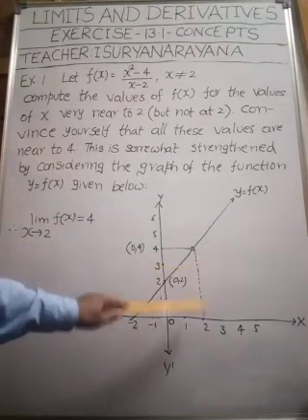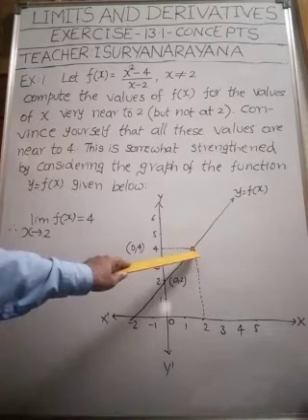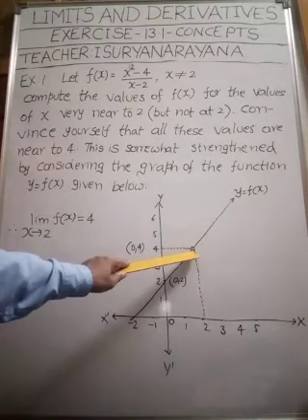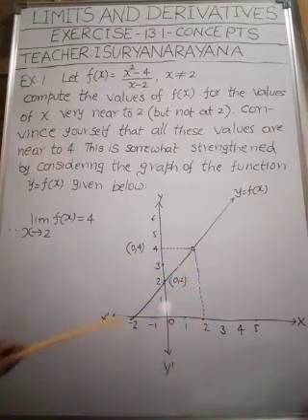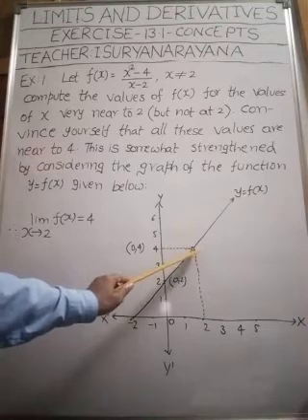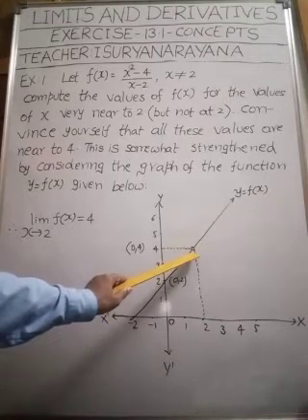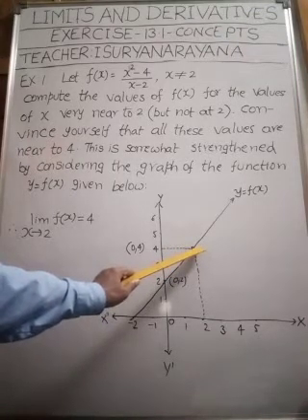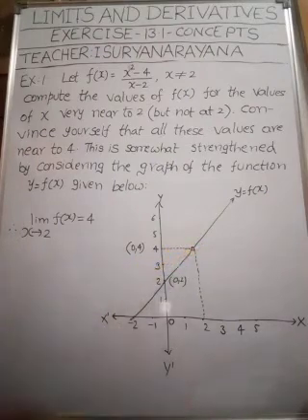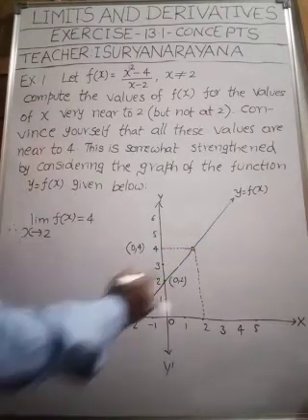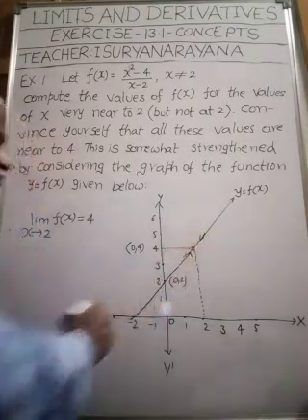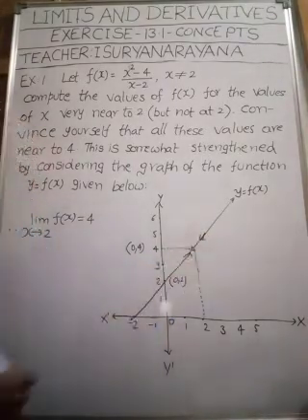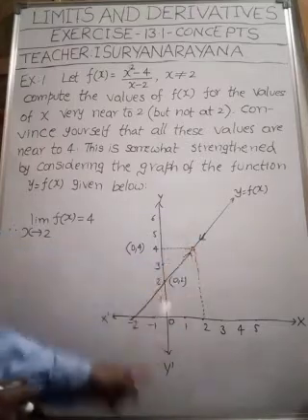At the point 2, see there, a hole denotes that the function is not defined at x is equal to 2. Okay, my children. But if you observe from the left of this point and from the right, all these values are approaching 4, very near to 4.